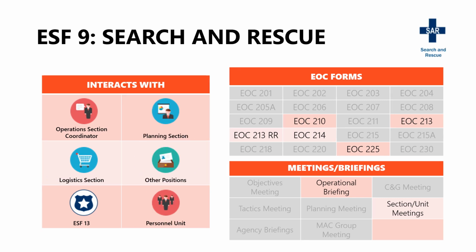If there is a search and rescue component to the incident, we're going to stand up ESF 9. This person is going to coordinate with ESF 13, which is our law enforcement, on all search and rescue operations.